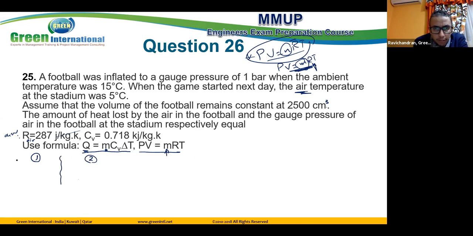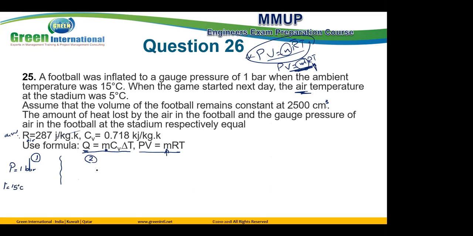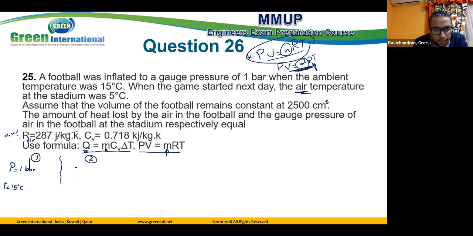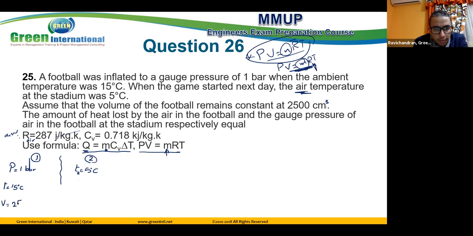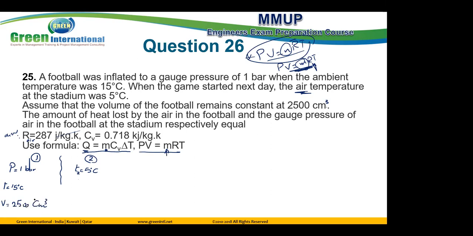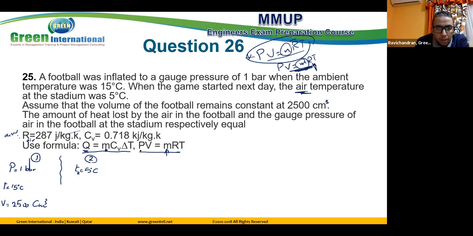For state 1, I give you pressure 1 bar and temperature 15 degrees Celsius. For state 2, temperature 5 degrees Celsius, volume 2500 cm³. The required is the heat lost, which is Q, and P2 gauge. Also, this one is gauge.